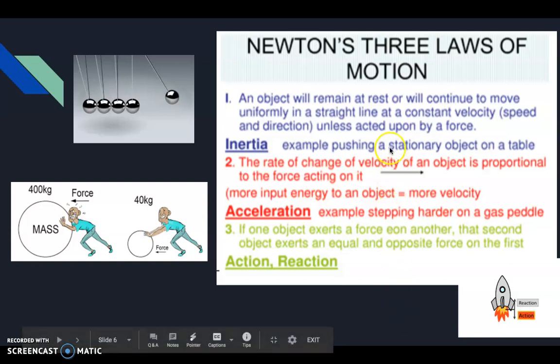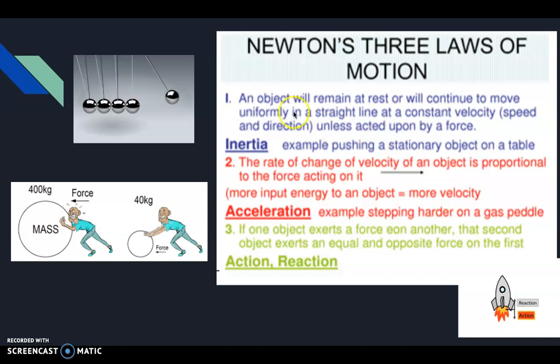So for example, something is still on your desk, you push it, that's inertia. You can also remember the Newton's cradle I have in the classroom? It'll stay the way it is until you decide to move it.